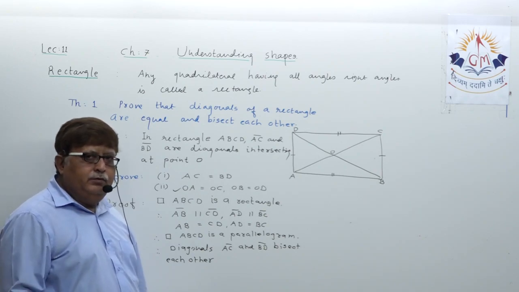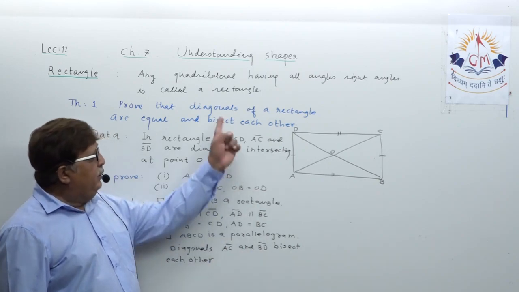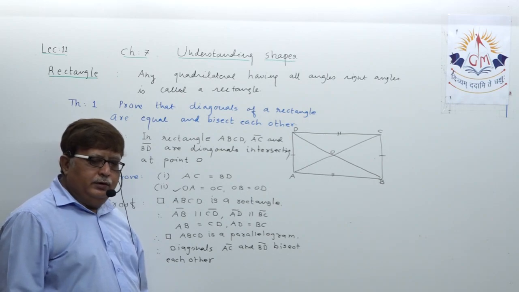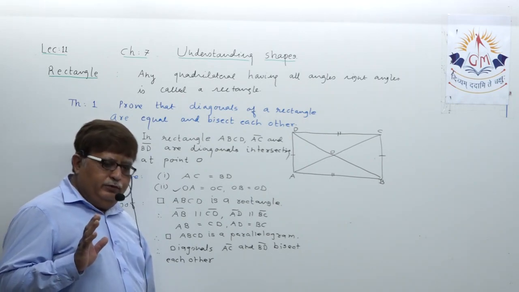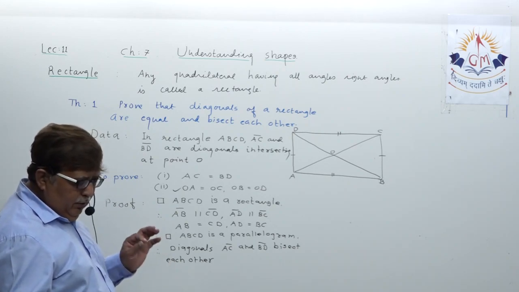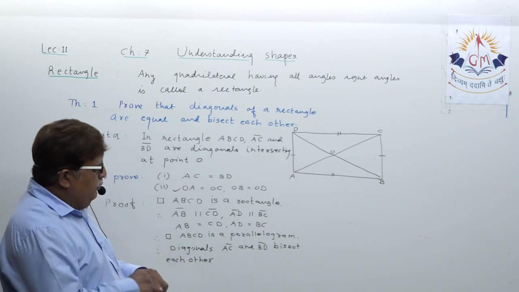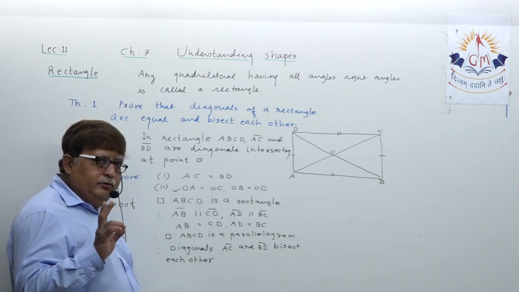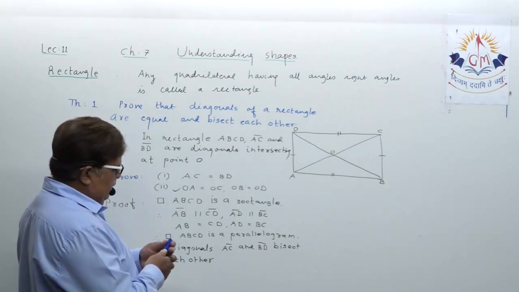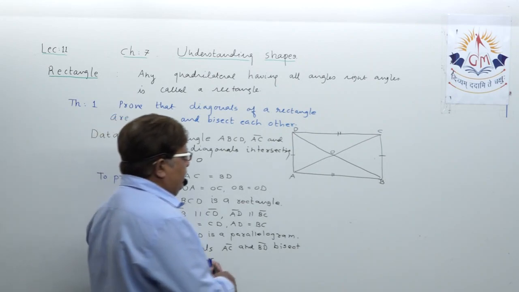Now we are looking for the next fact, the next property, that diagonals of a rectangle are congruent, and for that purpose, dear student, you have to concentrate on two triangles which I am mentioning in this diagram. We are moving here for this fact.